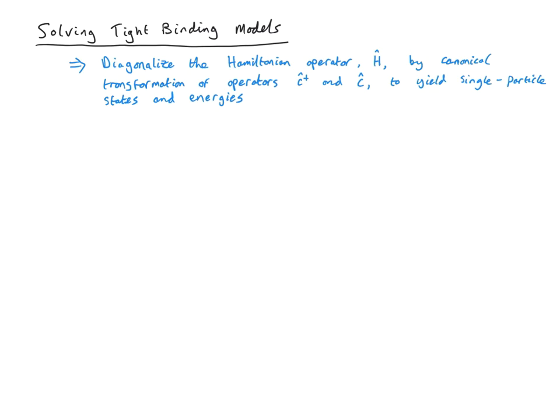So first of all, let's remind ourselves what the tight-binding Hamiltonian is. Tight-binding Hamiltonians are quadratic Hamiltonians. So we have a Hamiltonian operator that is of this general form.